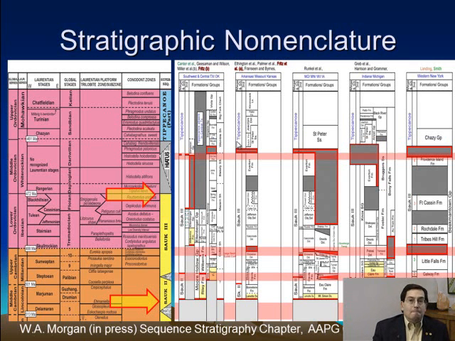And this chart is an amazing accomplishment by Bill Morgan, because what it does is it compiles the stratigraphic units all across North America and gives the cycles and the age equivalencies.